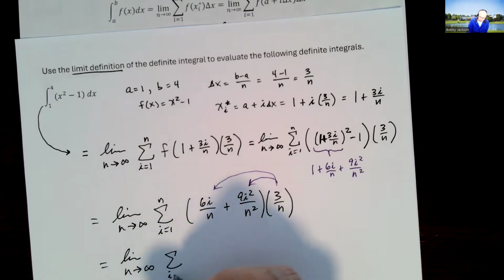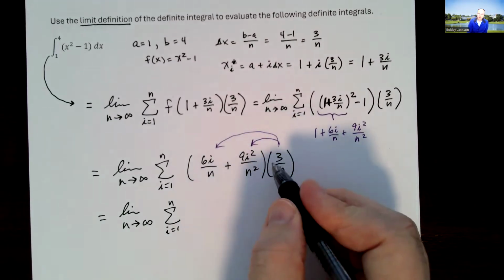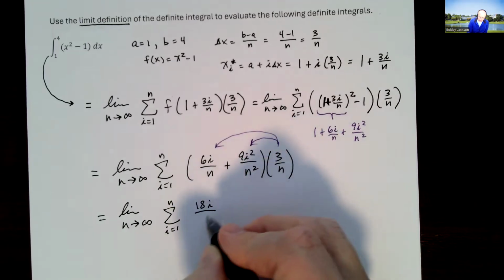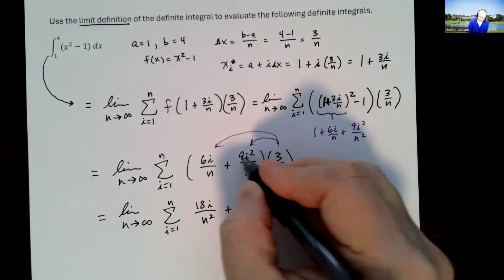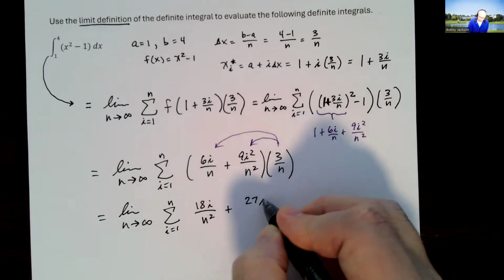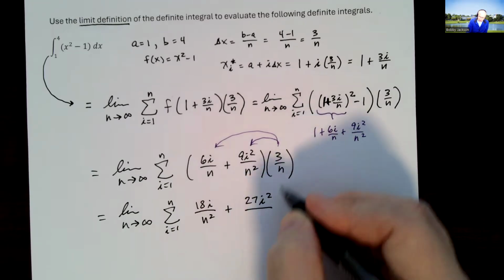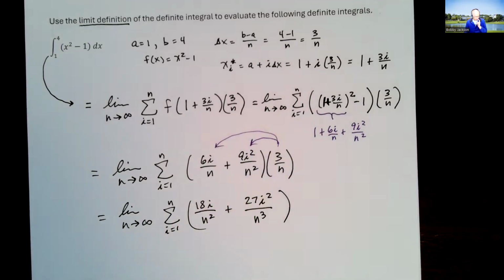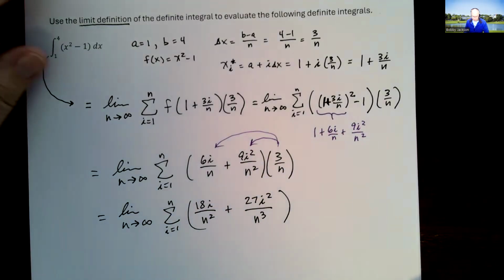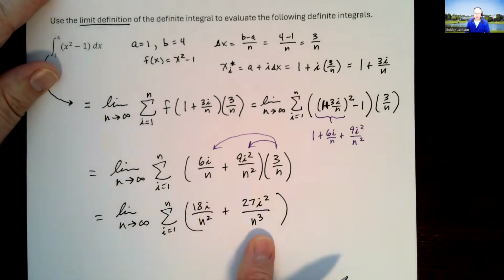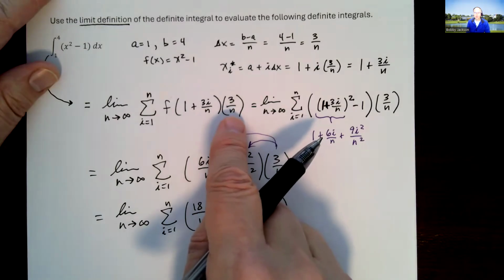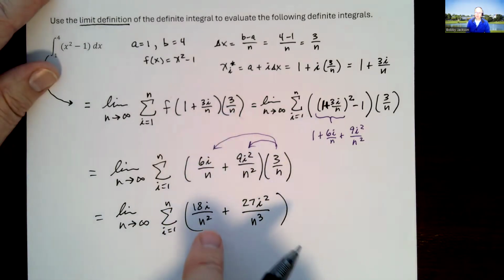And we write this summation over and over again. It's a lot to write. Well, let's see what we get here. 3 times 6 is 18i, n times n, n squared. 3 times 9 is 27 i squared. n times n squared is n cubed. Now, I've simplified this down. Okay, so this whole thing, f of 1 plus 3i over n times 3 over n, is this.